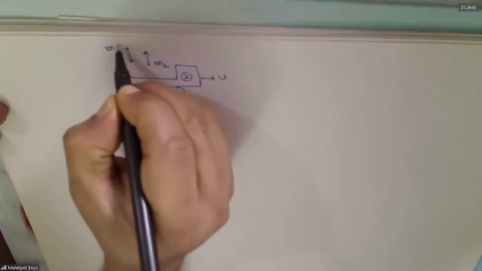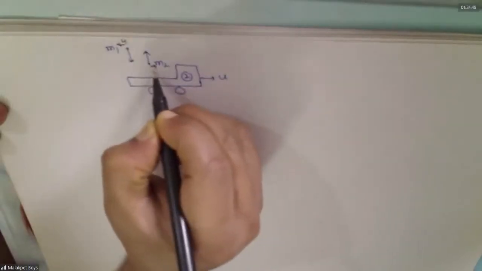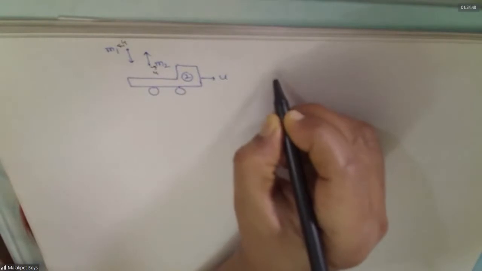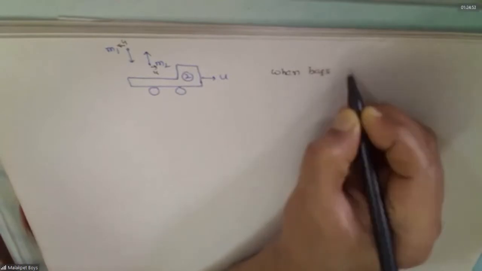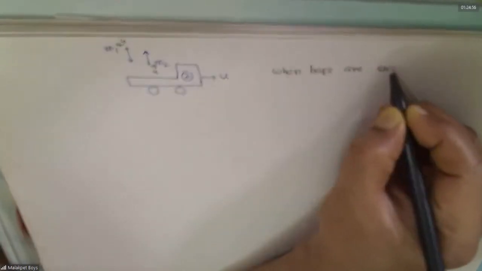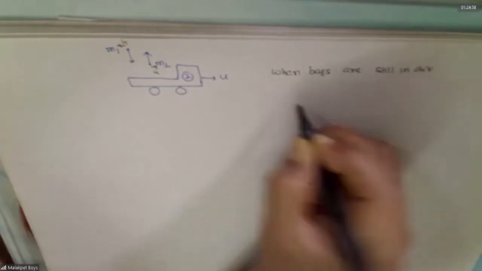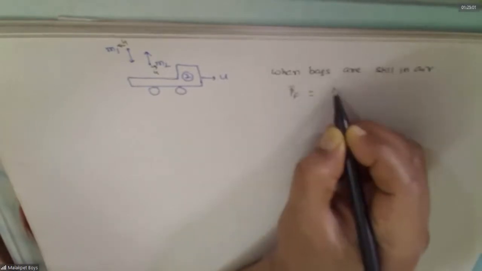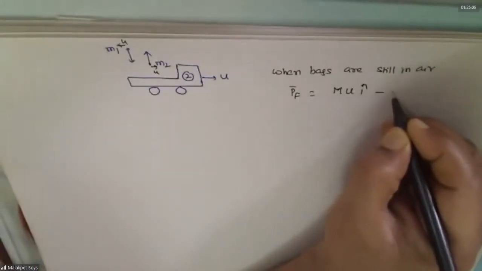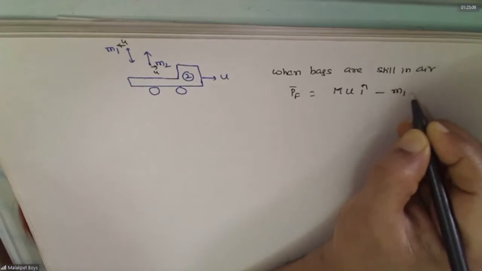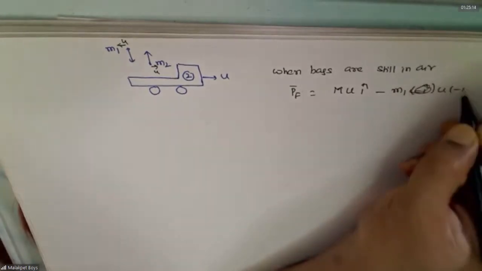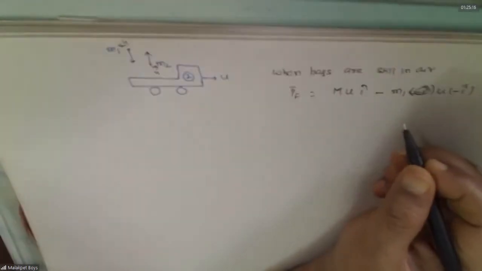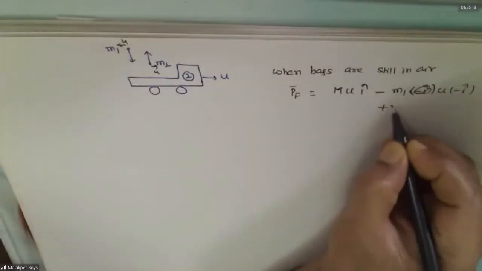So when the bags are in the air, MU. M1 is removed, no? Agreed? And M2.